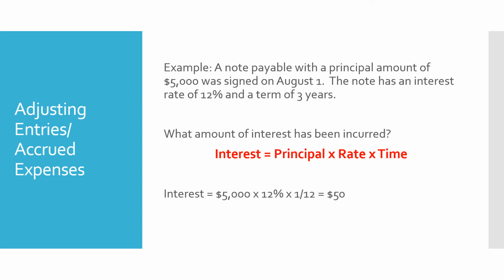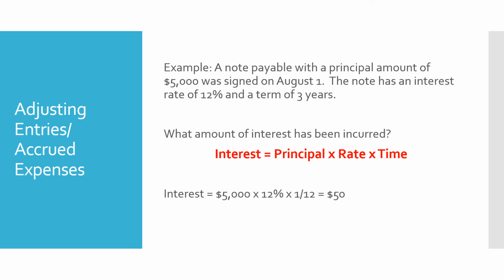So that is a 12% annual rate. So when we calculate interest, we take the principal, we multiply it times the rate, and then times time. So if we were doing interest for an entire year, we would say 5,000 times 12% times 1, or 12 months over 12 months.